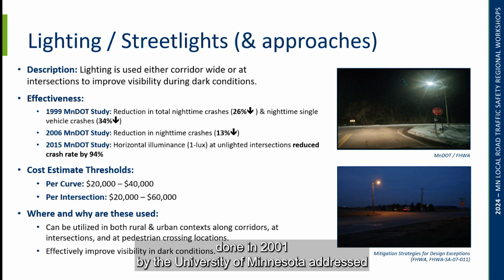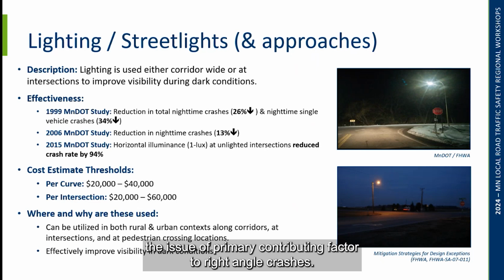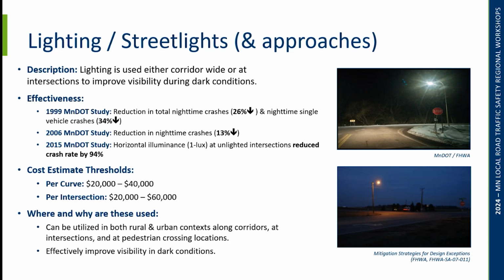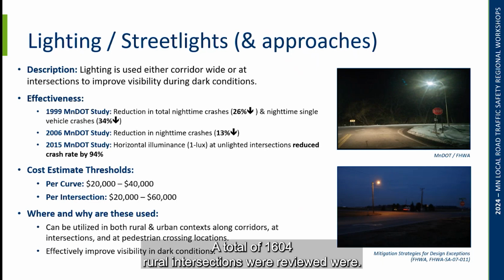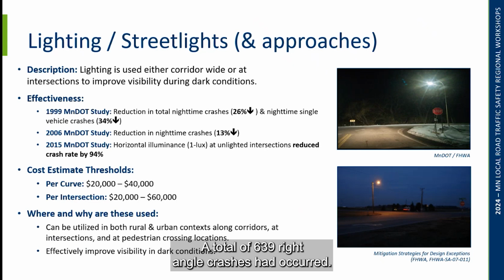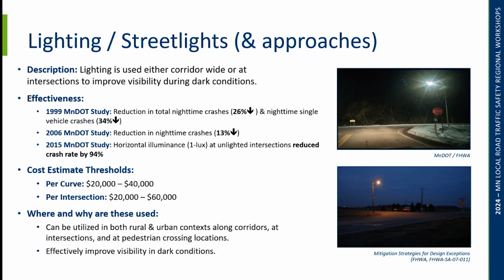Subsequent research done in 2001 by the University of Minnesota addressed the issue of the primary contributing factor to right angle crashes. A total of 1,604 rural intersections were reviewed, where a total of 639 right angle crashes had occurred.